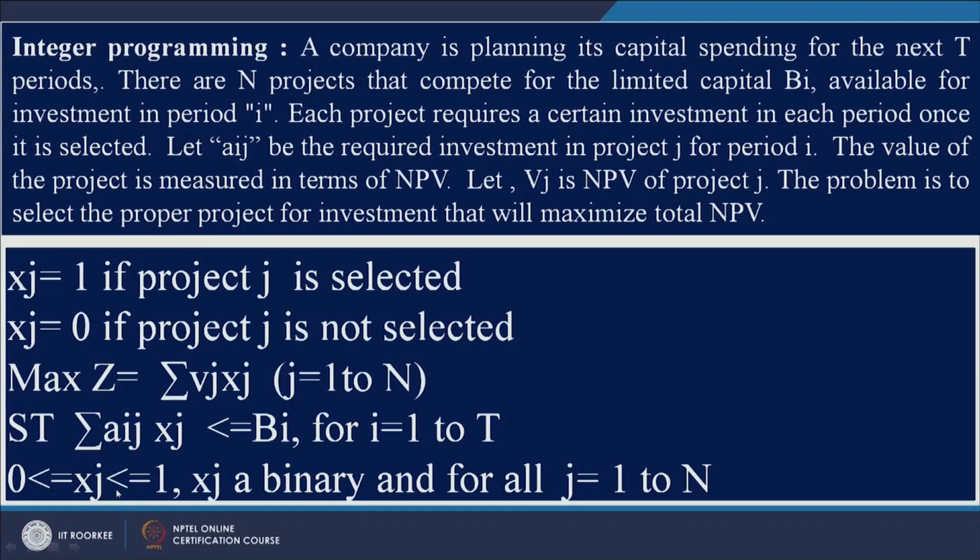And one more constraint is that Xj has to be either 0 or 1, so there is no possibility of having Xj equal to 1.5 or 3.5 and so on. So, this is how you should formulate this integer programming model.